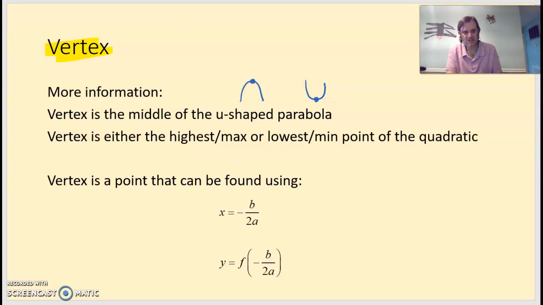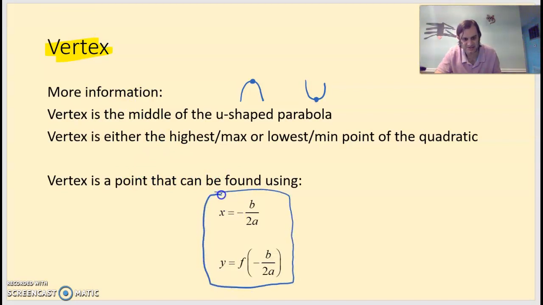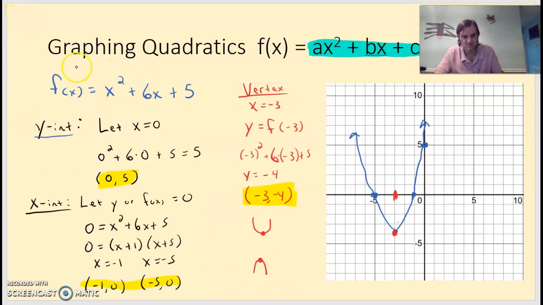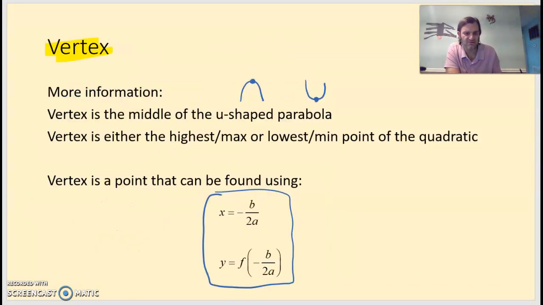And we haven't seen this part because we haven't done it. Let's go ahead and show you where this vertex formula down here comes from. I've got a formula for the vertex, so let's create that. So going back to x squared plus 6x plus 5. We set that equal to 0 for our x-intercepts and solved it by factoring. But we also know that we can't factor every quadratic.